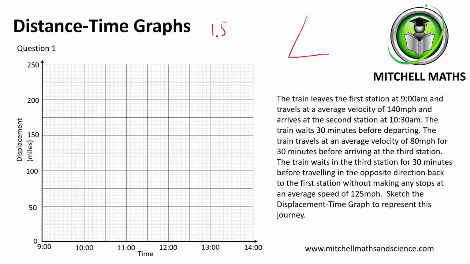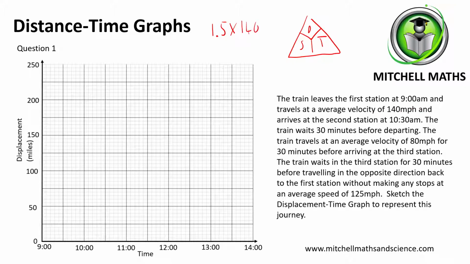And if I think about my speed, distance, time equation, in order to calculate the distance travelled, I need to do speed multiplied by time. So I'm going to do 1.5 hours multiplied by 140 miles per hour.